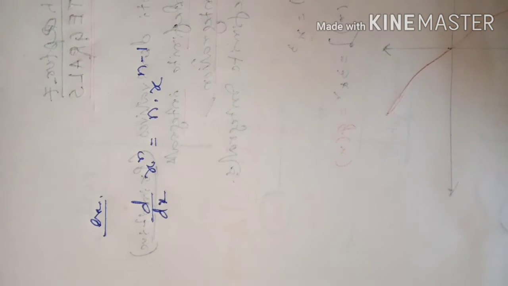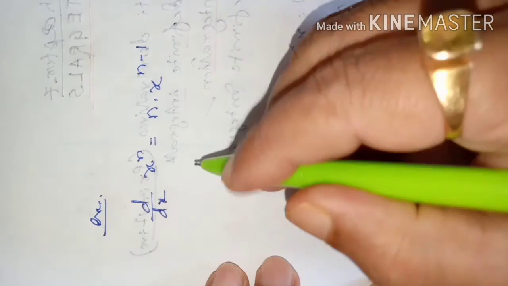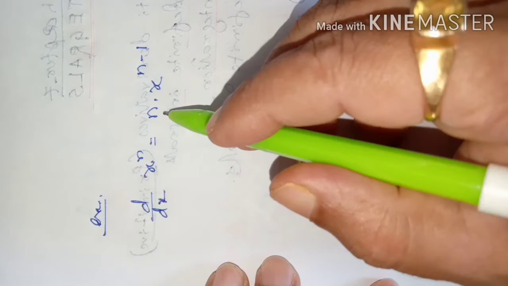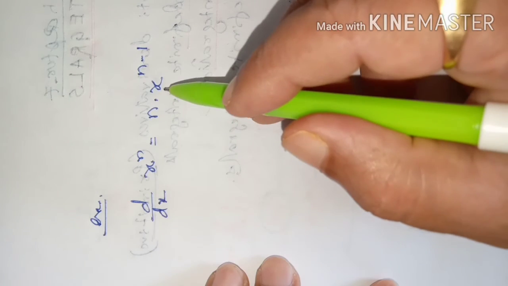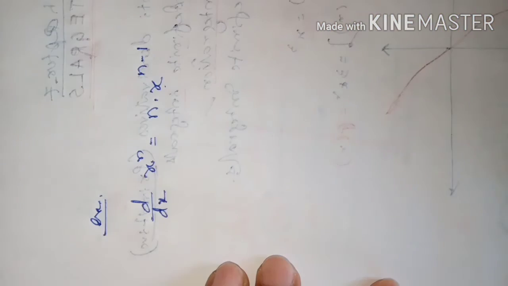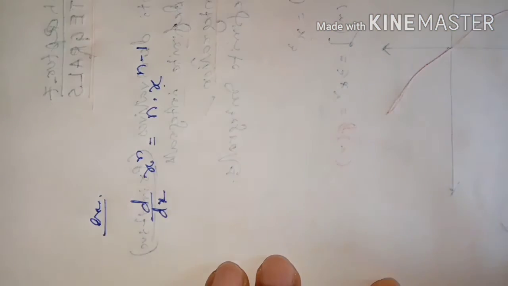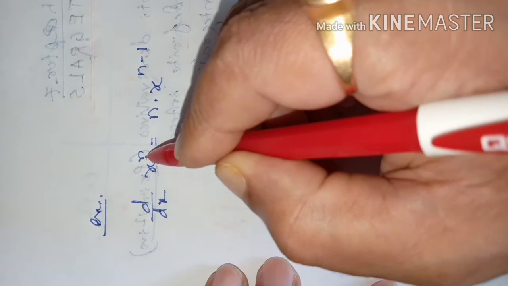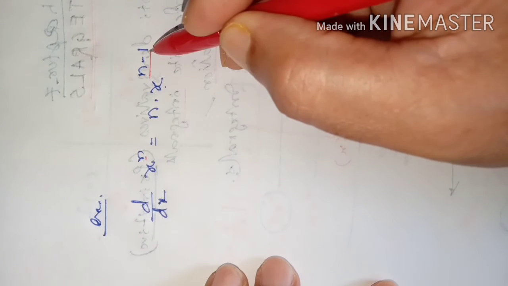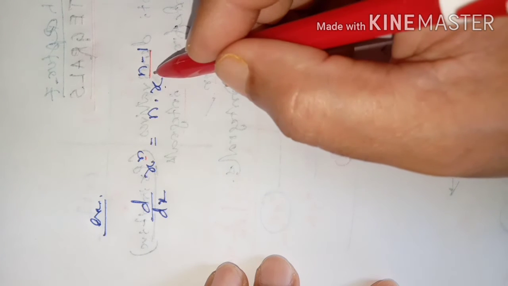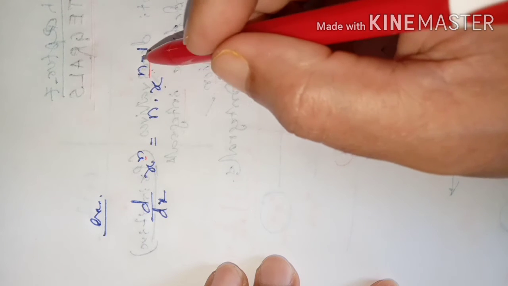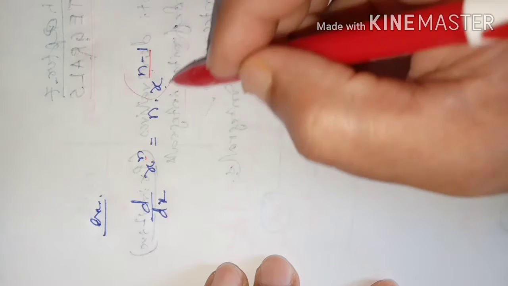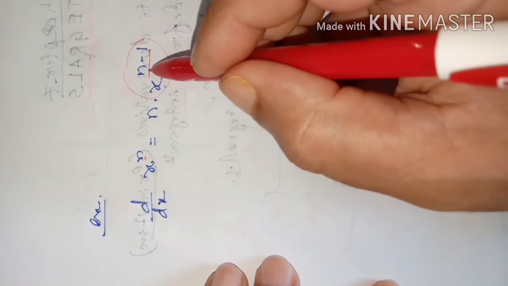Now, when we want the antiderivative, just look at this here, dear students. This tells us that when it is n here, then here it is 1 less than that n. That means each antiderivative will have 1 more than this power.